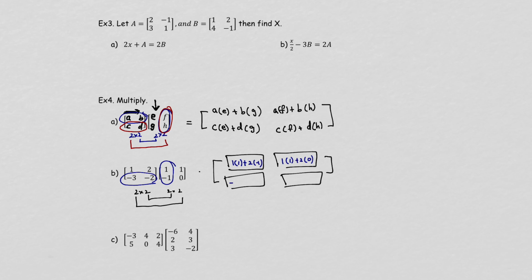So you will get negative 3 times 1 plus negative 2 times negative 1. And the last one is second row and second column. So that will be negative 3 times 1 plus negative 2 times 0. Then my matrix will be negative 1, 1, negative 1, and negative 3.